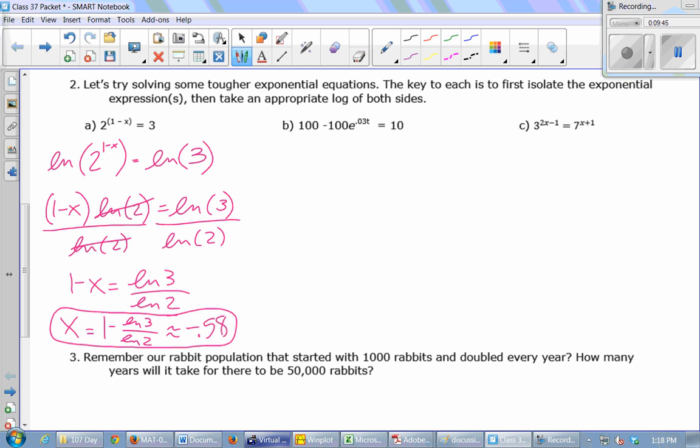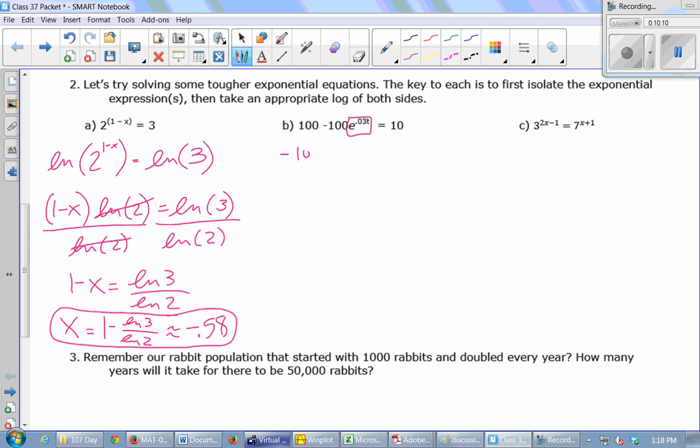All right, so for B, like I said, the goal is to isolate the exponential expression. What is the exponential expression in this equation? e to the 0.03t. So first step is to get this by itself. All right, so what do I do first?